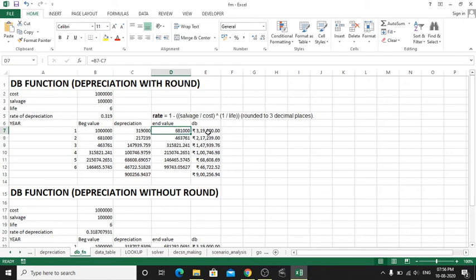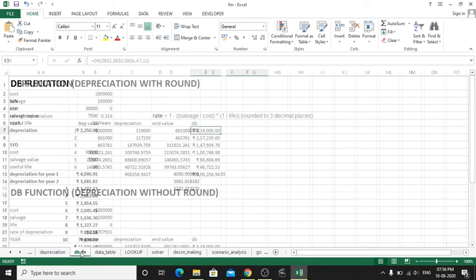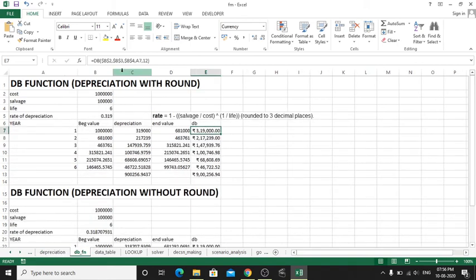And what about the DB? Here we used the function DB like what we performed in the previous sheet. Using the function DB, we pass all these arguments and just press enter.